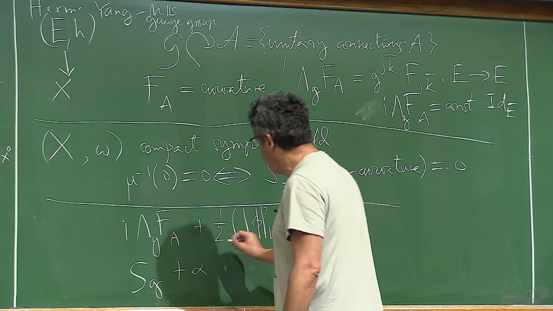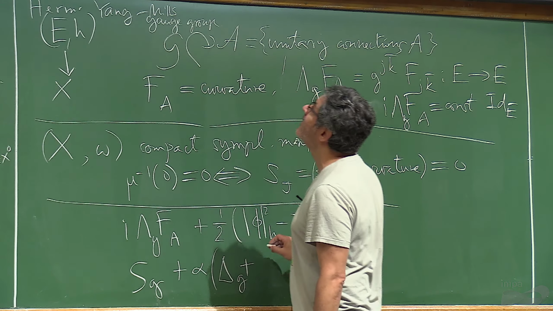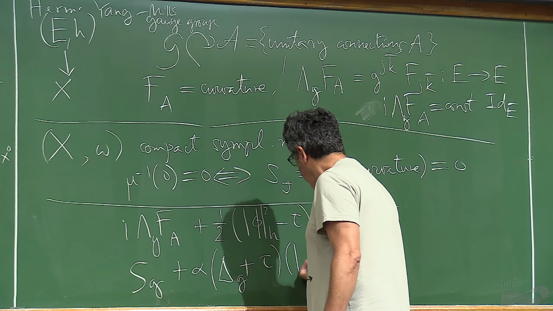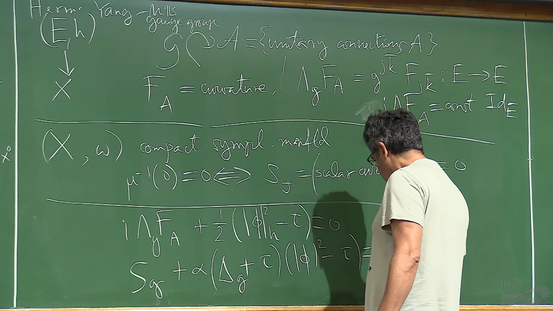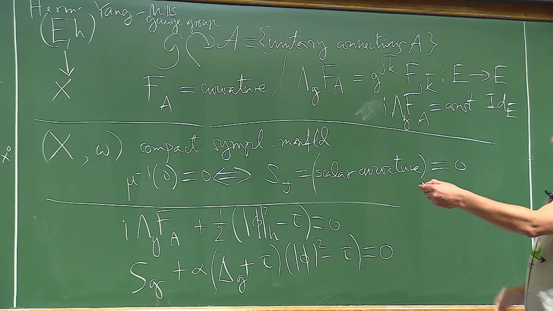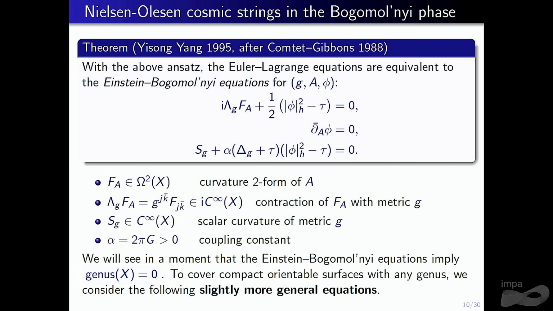We'll see it play a role. I don't write the other equation, but it just means phi is holomorphic with respect to the holomorphic structure determined by the connection on the line bundle. Okay, so these are the Einstein-Bogomolny equations. That's the name given in physics.